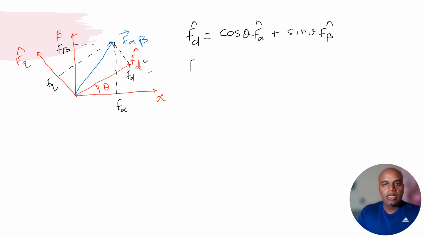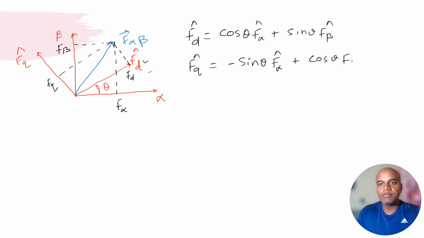Similarly, the unit vector fq is equal to minus sine theta f of alpha cap plus cos theta f of beta cap.